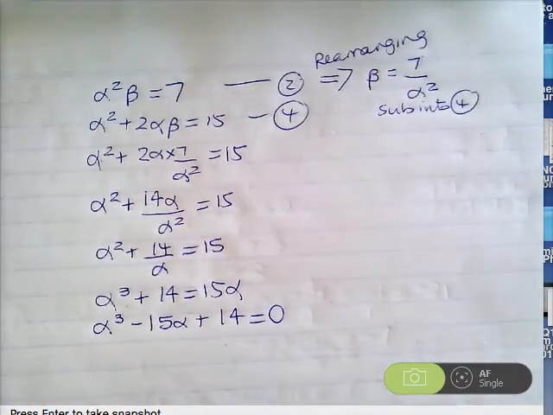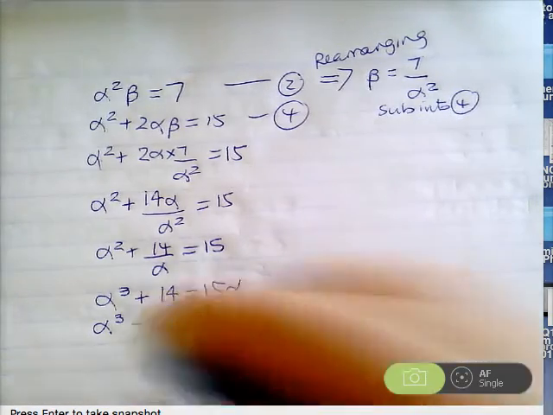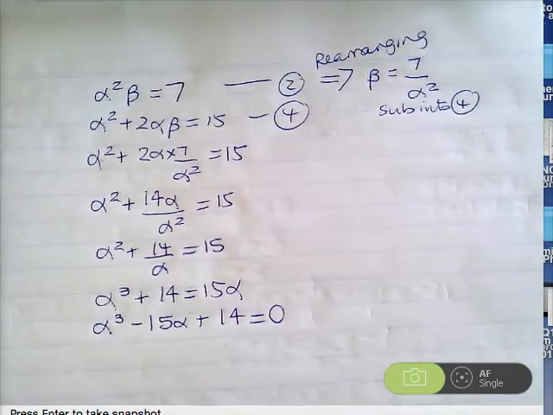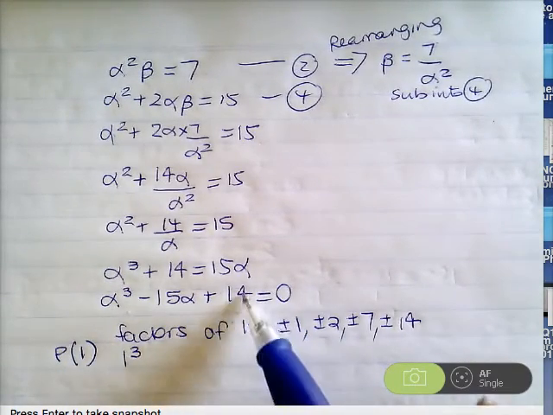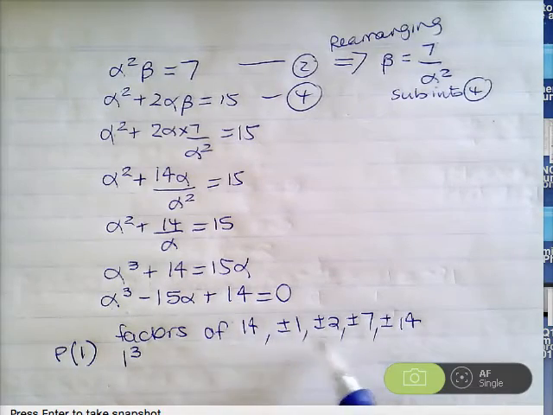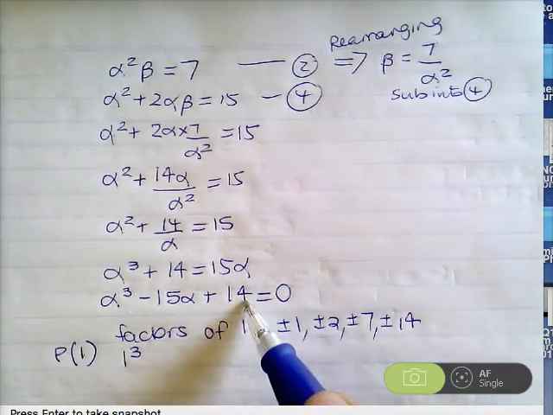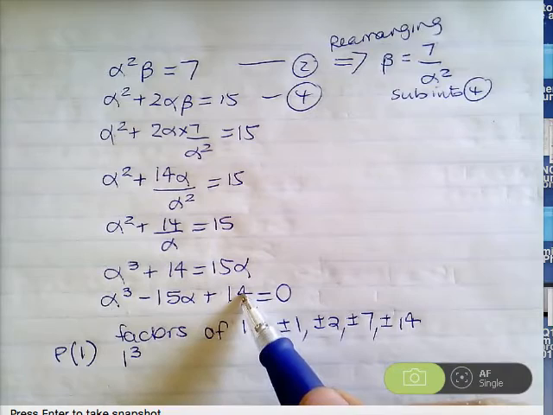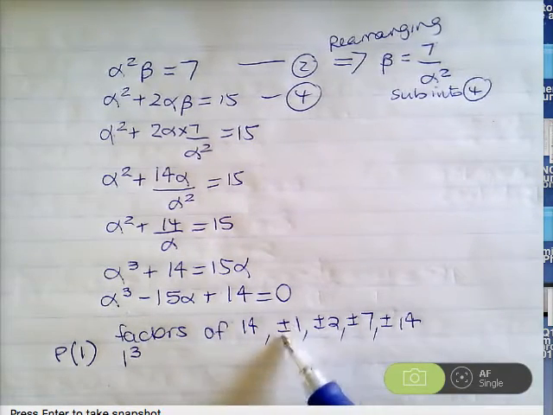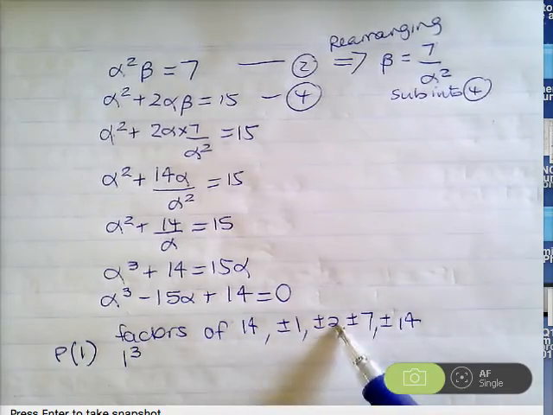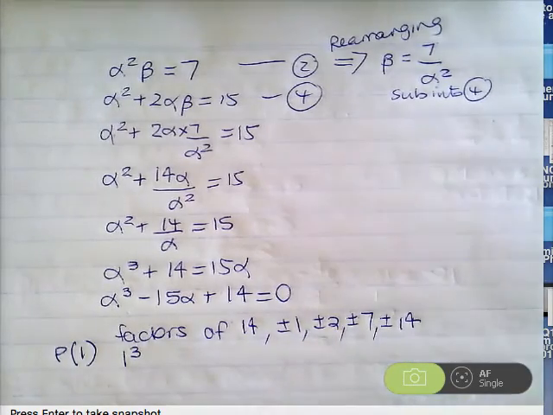Let's try 1 or -1 and then we're going to try 2 or -2. We're going to go back to our polynomial stuff where we're looking at factors of 14, because to get this number 14, 3 numbers must have been multiplied by each other. They could be plus or minus 1, plus or minus 2, plus or minus 7, or plus or minus 14.